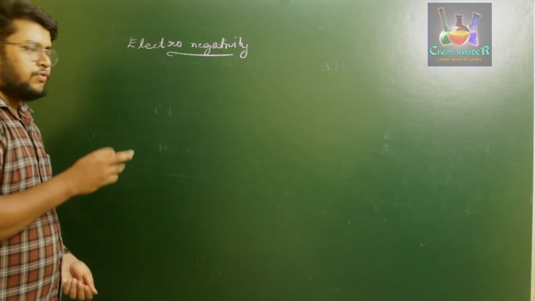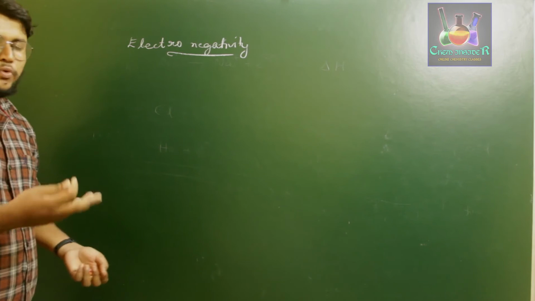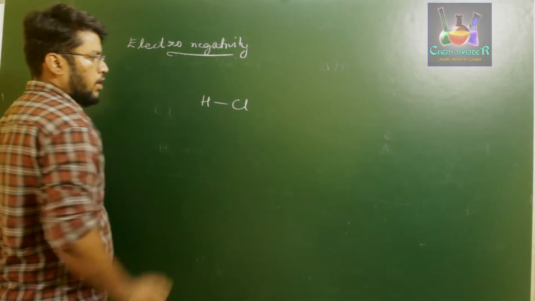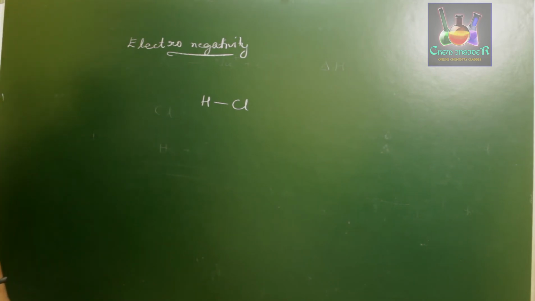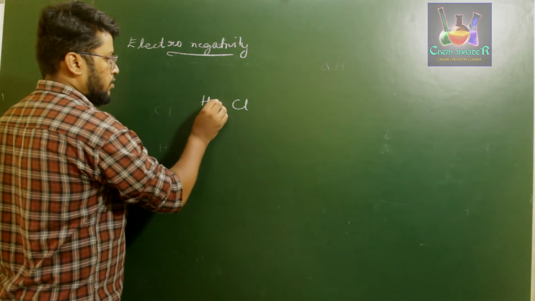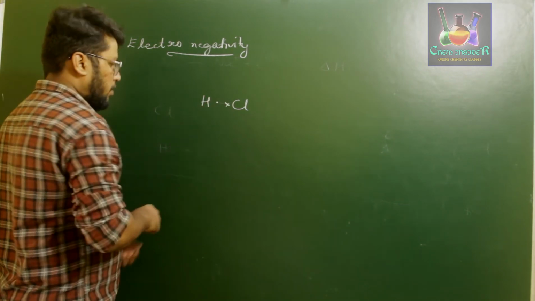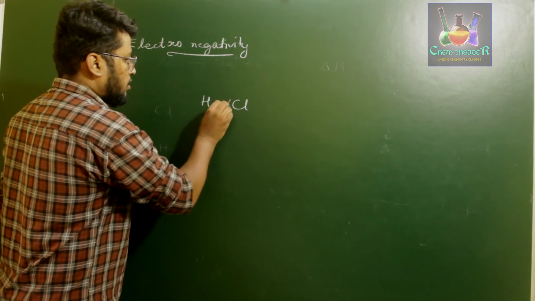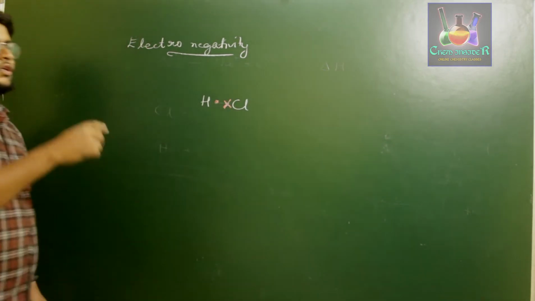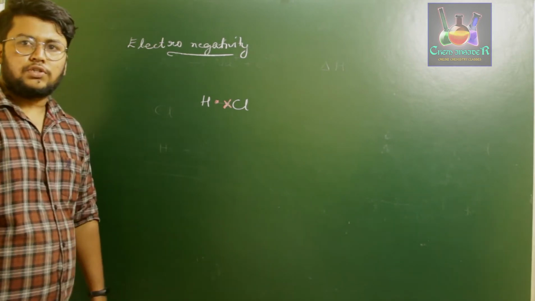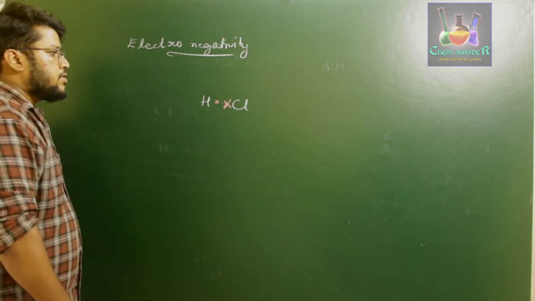For example, if two elements are forming a bond, let us say H and Cl, hydrogen and chlorine. We know that a bond is formed when two atoms are sharing two electrons. So if I write it like this, these are the two electrons. The electron of chlorine is marked with X, and the electron of hydrogen is marked with a dot.